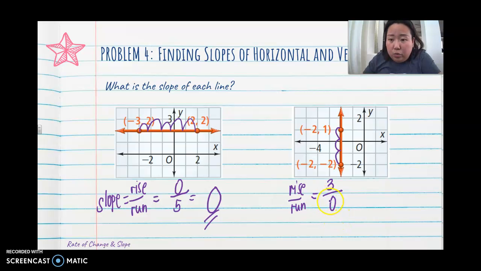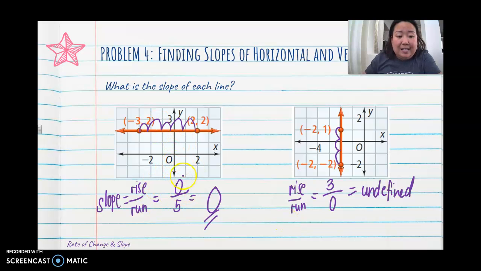Now, what do you know about a number divided by 0? You always have to remember that is not okay. Whenever you divide a number by 0, the answer is undefined. These two answers give us a summary of what the slopes are for horizontal and vertical lines.